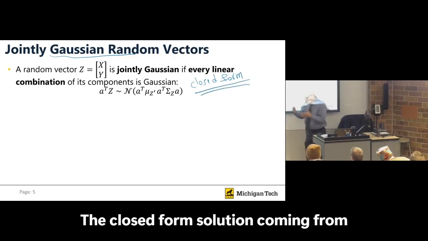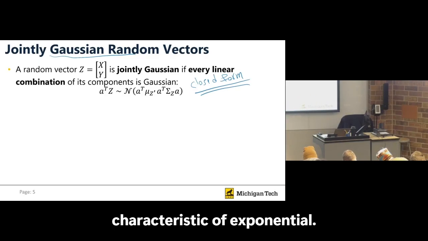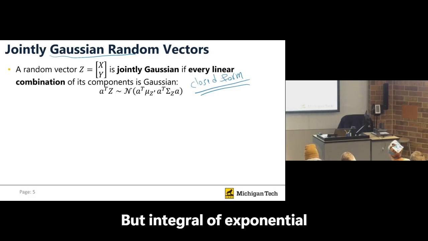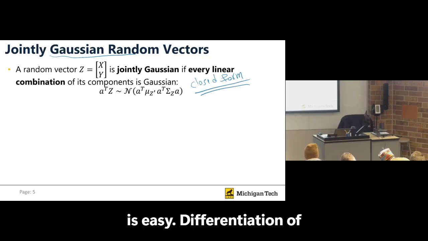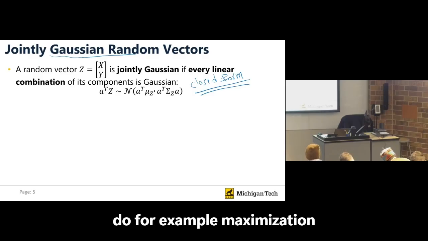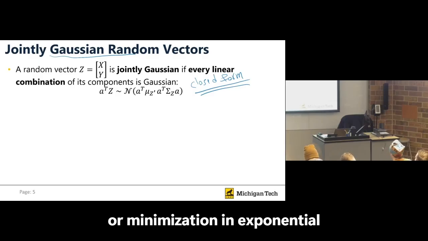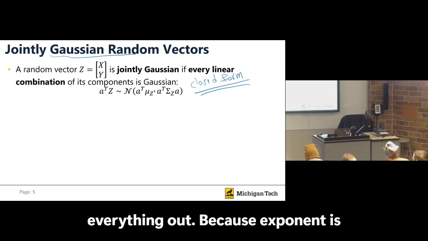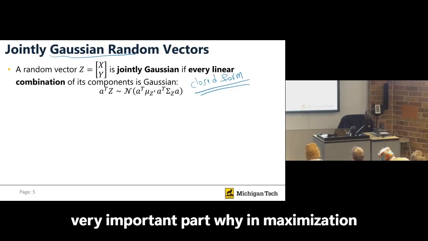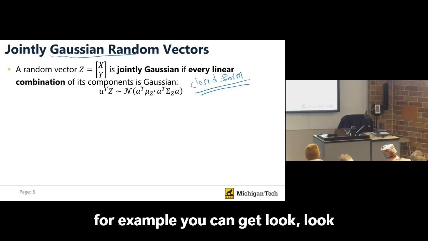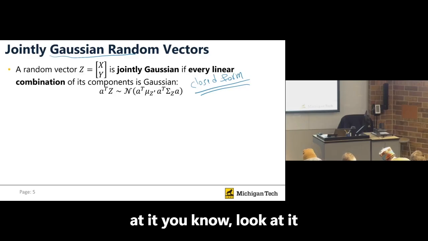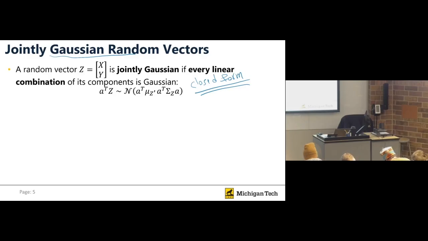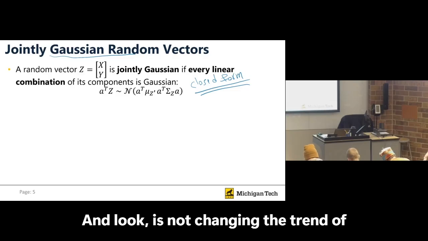The closed form solution comes from the characteristic of the exponential. Like, the integral of an exponential is easy. Differentiation of an exponential is easy. Anytime you want to do, for example, maximization or minimization, in an exponential, everything is in the exponent part. You can remove everything else, because the exponent is the very important part. In maximization, for example, you can take the logarithm function, and log is not changing the trend of the function.